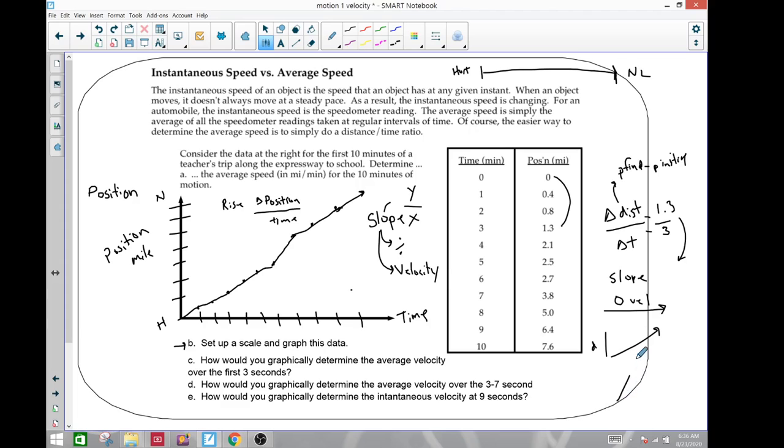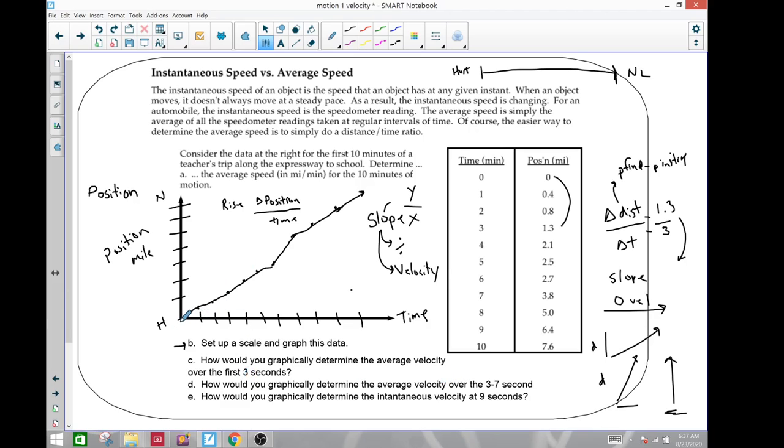And it goes steeper. Now I got a larger distance traveled in a given certain amount of time. And of course, if it goes straight up, you travel a distance and have not gone any time, which is called time travel. And we can't do that. Okay? Undefined.